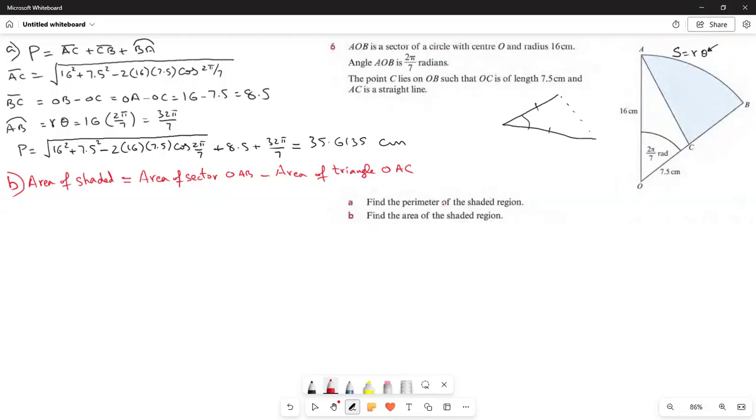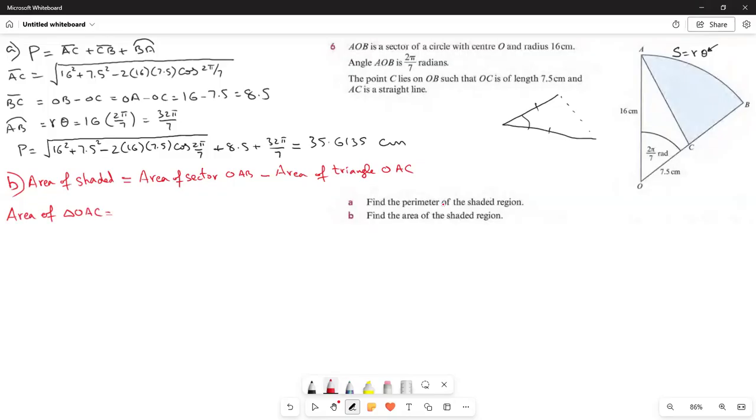Okay, so how do I find the area of the triangle? Triangle OAC. How can I find this area?